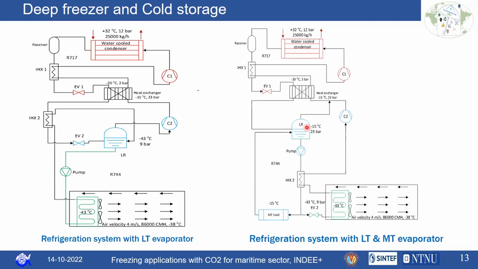At first, you expand to the required cold storage temperature of -15 degrees Celsius, and after that, you expand again to the required temperature of -40 degrees Celsius. So with the cascade CO2 system, you can also have a multi-evaporator configuration. But under this IND project, which we are going to install in the seafood industry, we are going for only a single evaporator configuration.